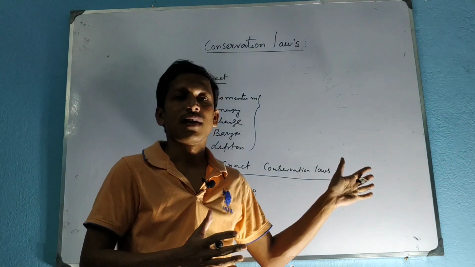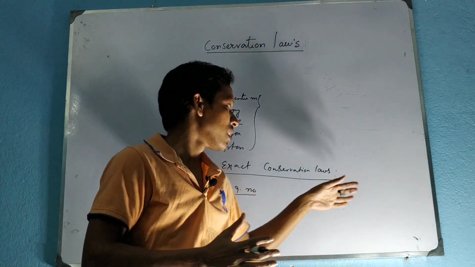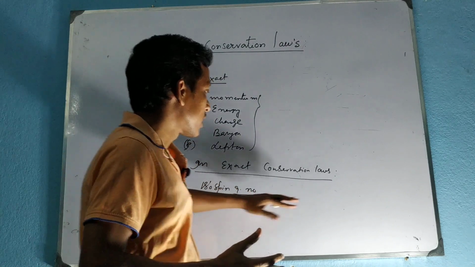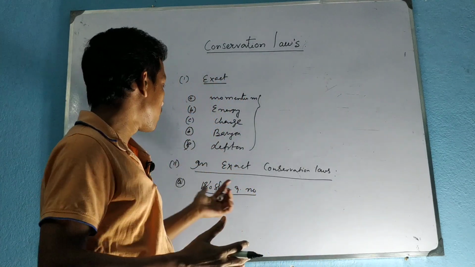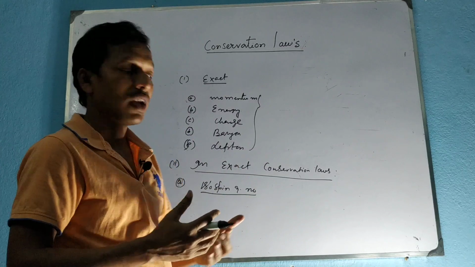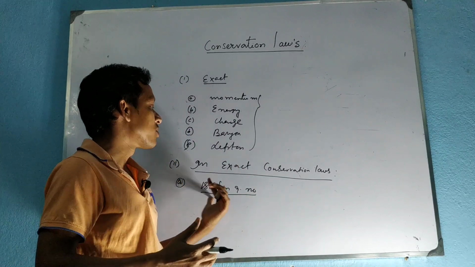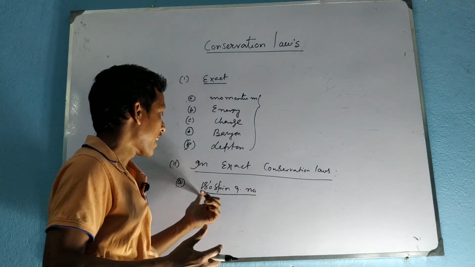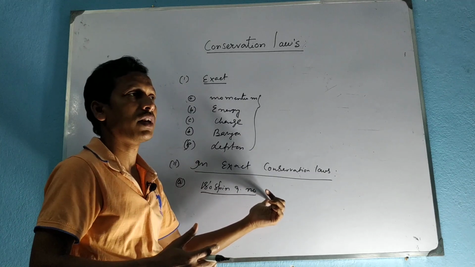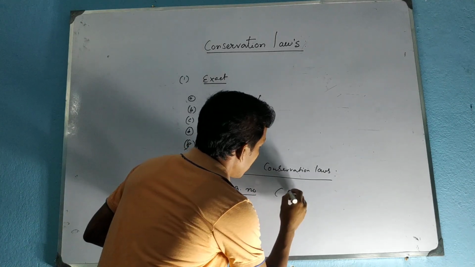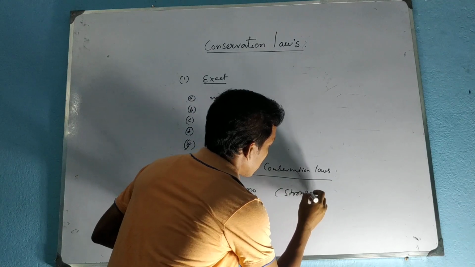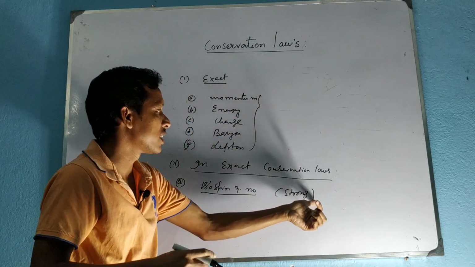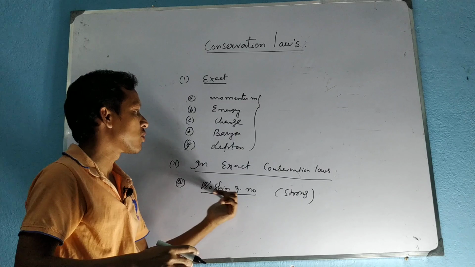So they are called isotopic particles, and these particles are characterized by a quantum number called the isotopic quantum number, sometimes called the isospin quantum number. And the isospin quantum number is conserved only in strong interaction.